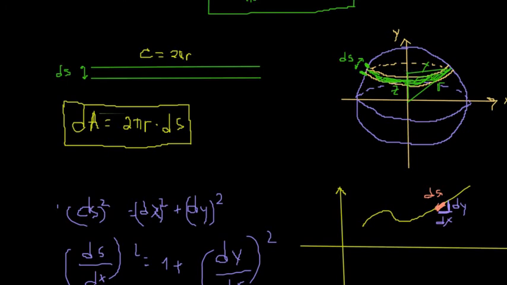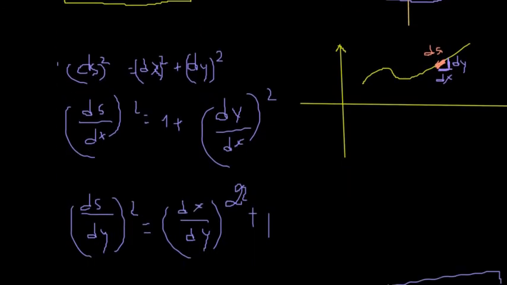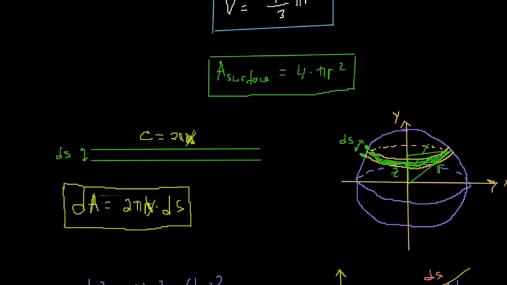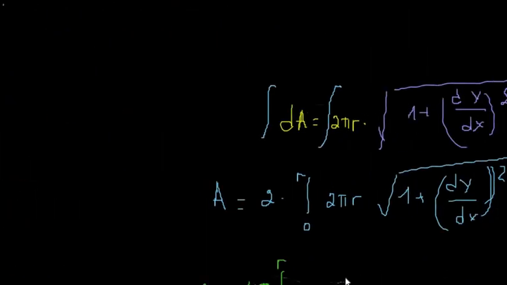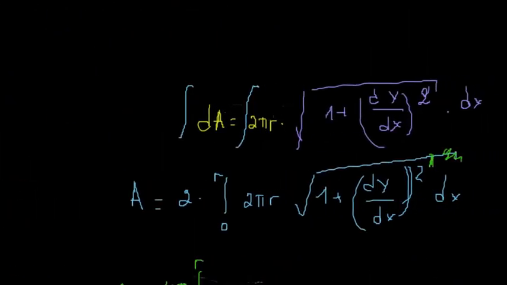The radius of the circle is equal to x, so in this case it's going to be 2 pi x, and here it is going to be 2 pi x. We didn't use it here, so we can just change it here and here.